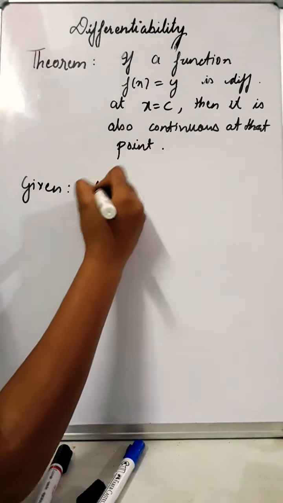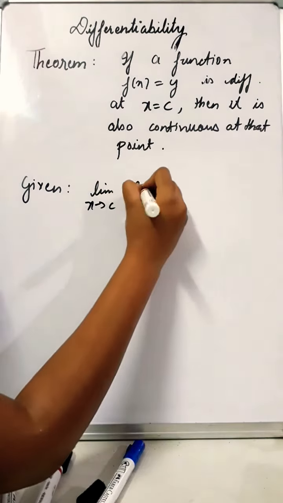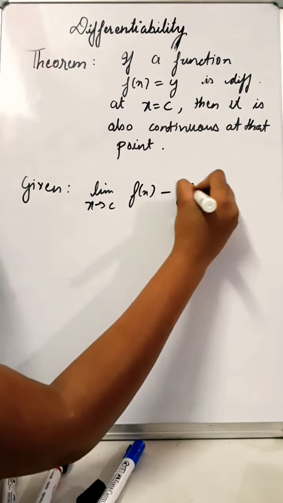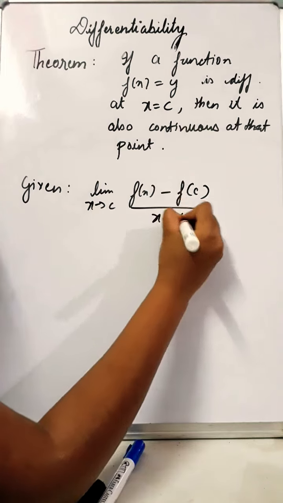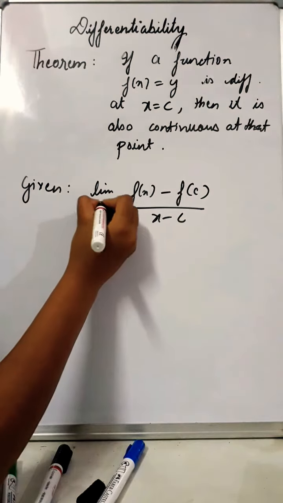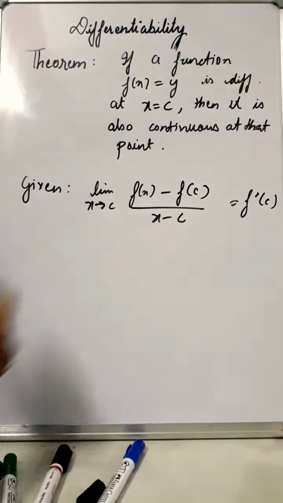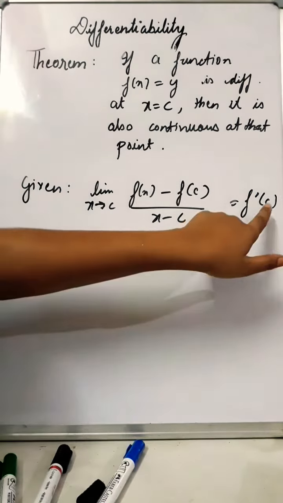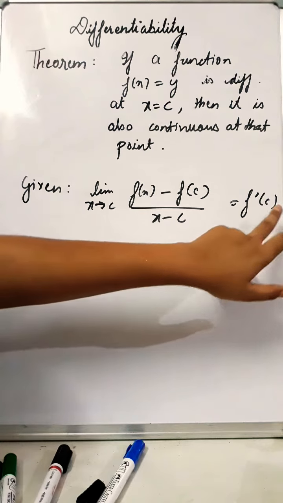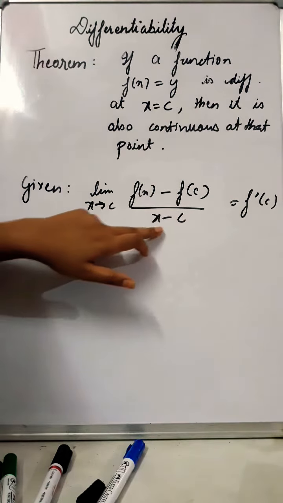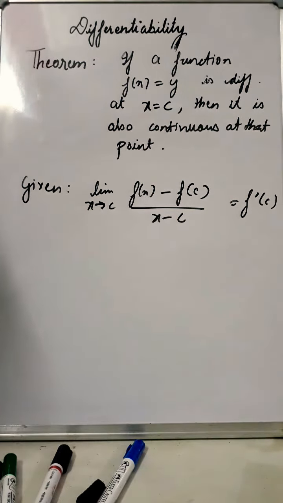That means limit x tends to c of [f(x) minus f(c)] whole upon x minus c is given, is equal to f dash c. You know that your function is differentiable at c, so this can be expressed in the limit form. And now what you have to prove?